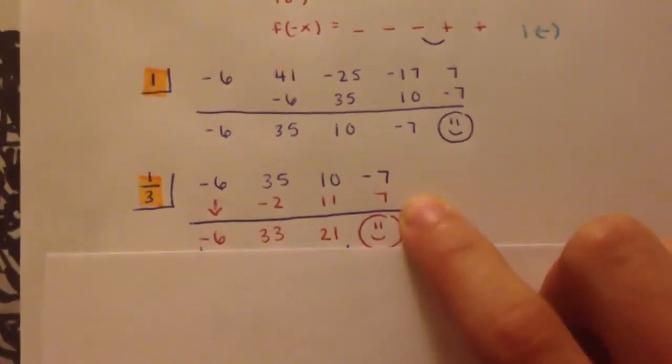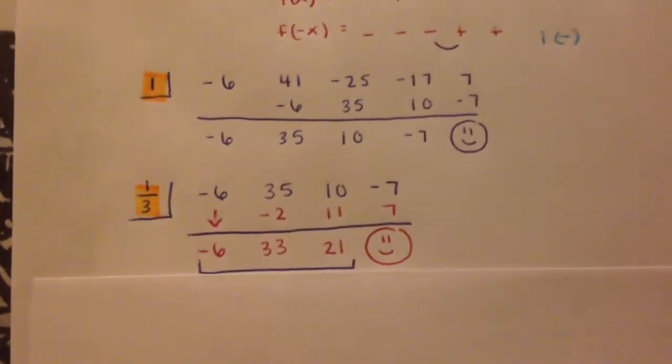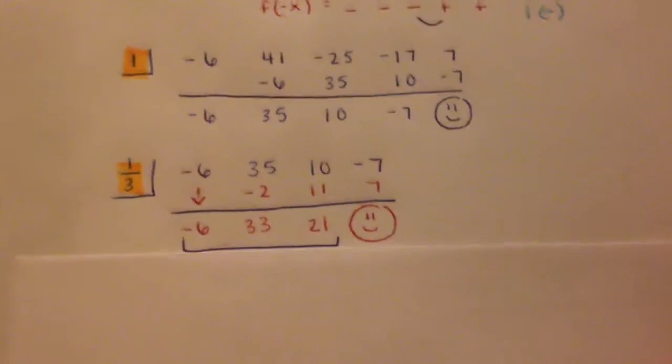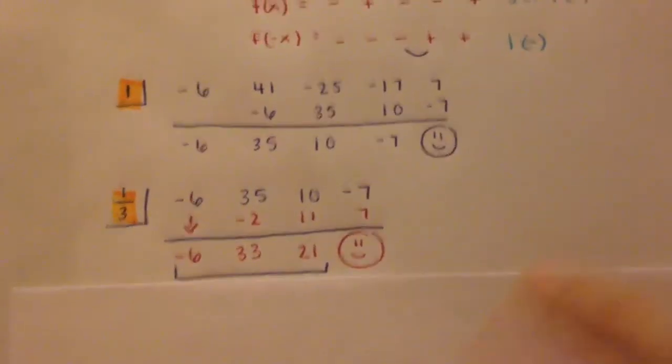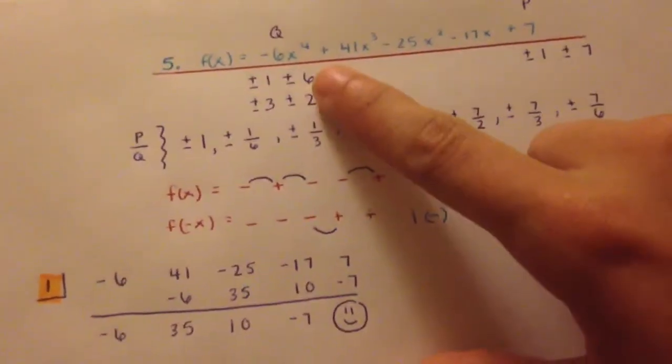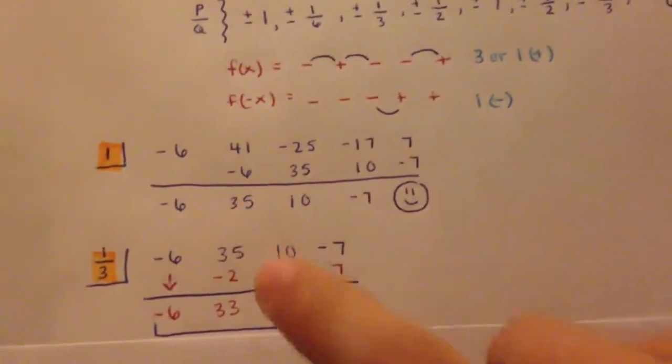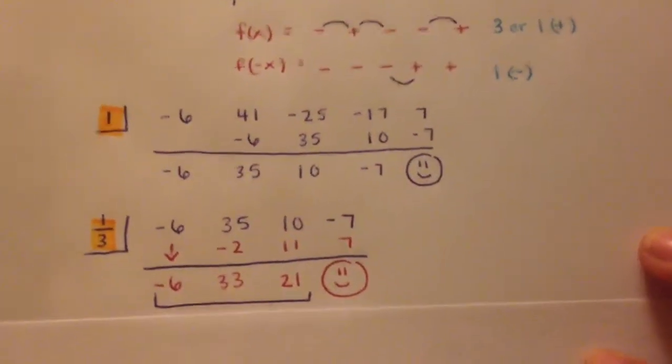Negative 7 plus 7 is 0. Whoa, look at that. We found another 0 here. And we went from a quartic to a cubic to just a normal quadratic polynomial.